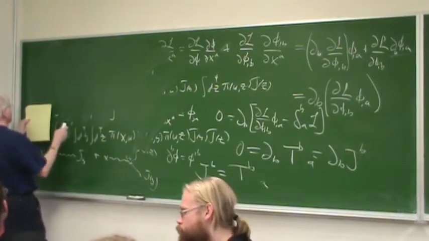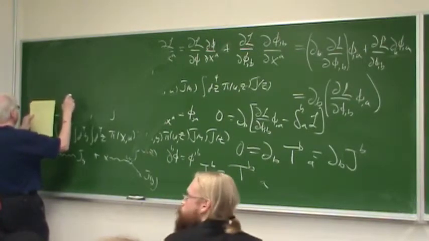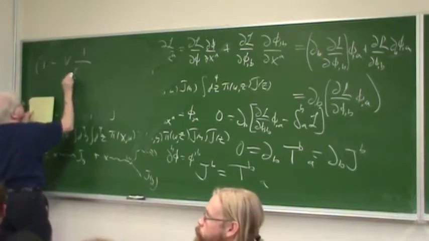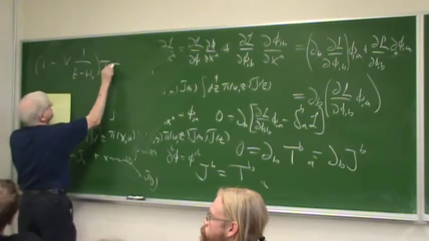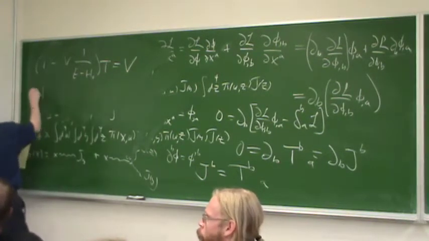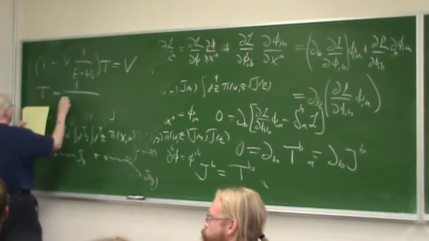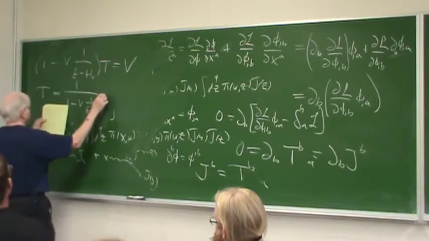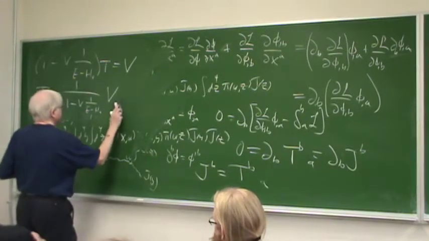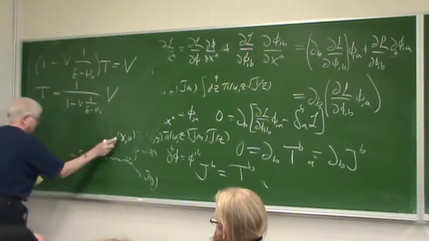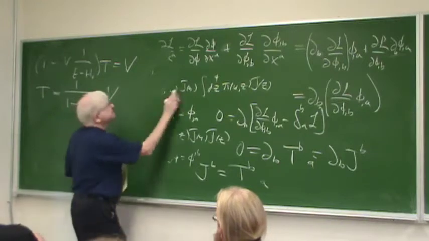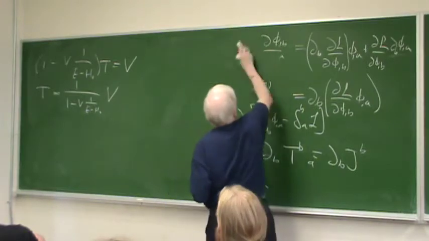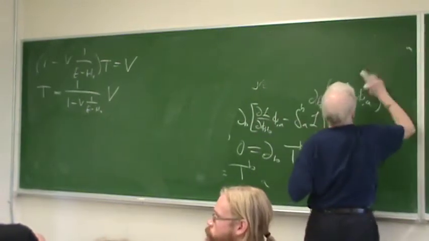Okay, so now what we can say is that, moving everything to one side, we have 1 minus V 1 over E minus H0 T equals V, and so then T is 1 over 1 minus V 1 over E minus H0 times V. So this is our equation, and this is actually a solution because everything on the right-hand side is known.